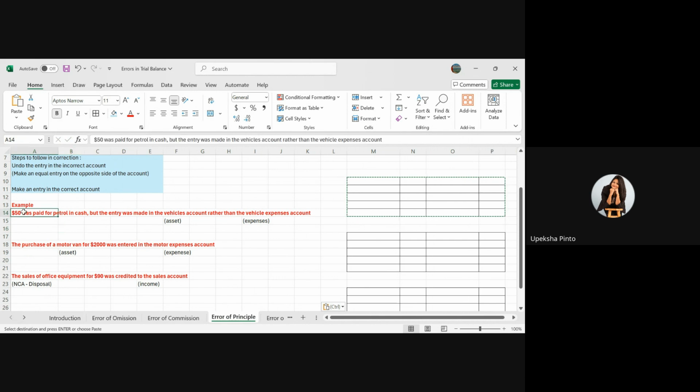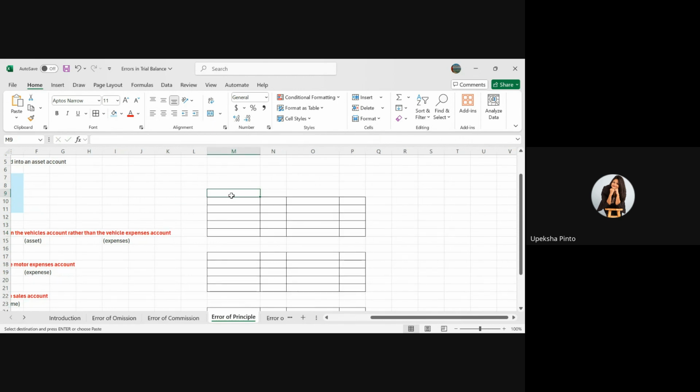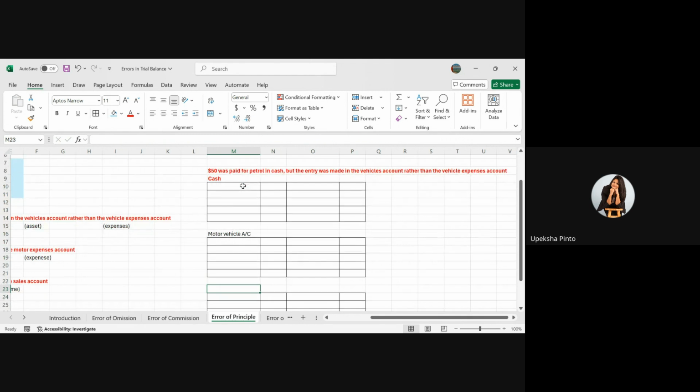So I'll copy the question here, then it's easy. $50 was paid for petrol in cash. So we need a cash account. We need the petrol account. And they have told us $50 was paid for petrol in cash. They have put it on the motor vehicles account. So we want a motor vehicle account. Then the motor vehicle expenses. So we have a vehicle expense account also.